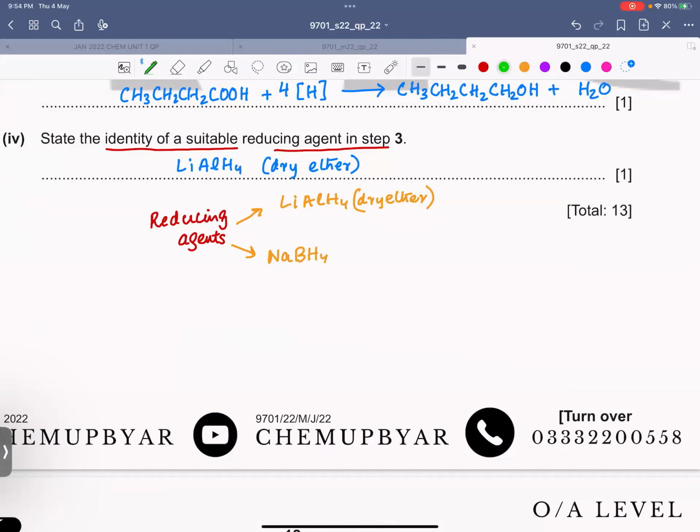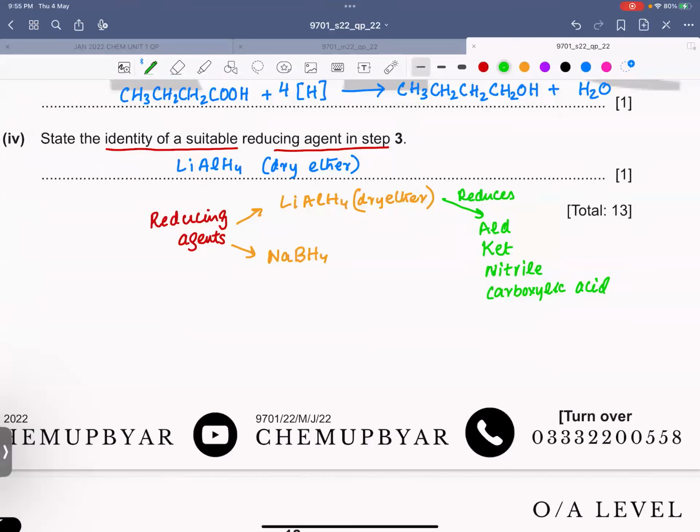You need to remember that LiAlH4 reduces aldehyde, ketone, nitrile, and carboxylic acids as well, because it's a strong reducing agent.